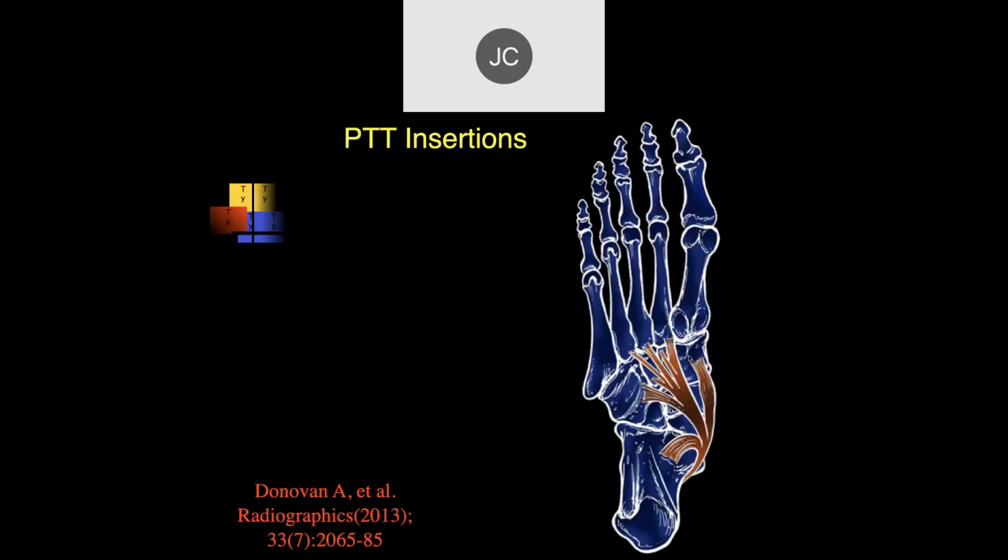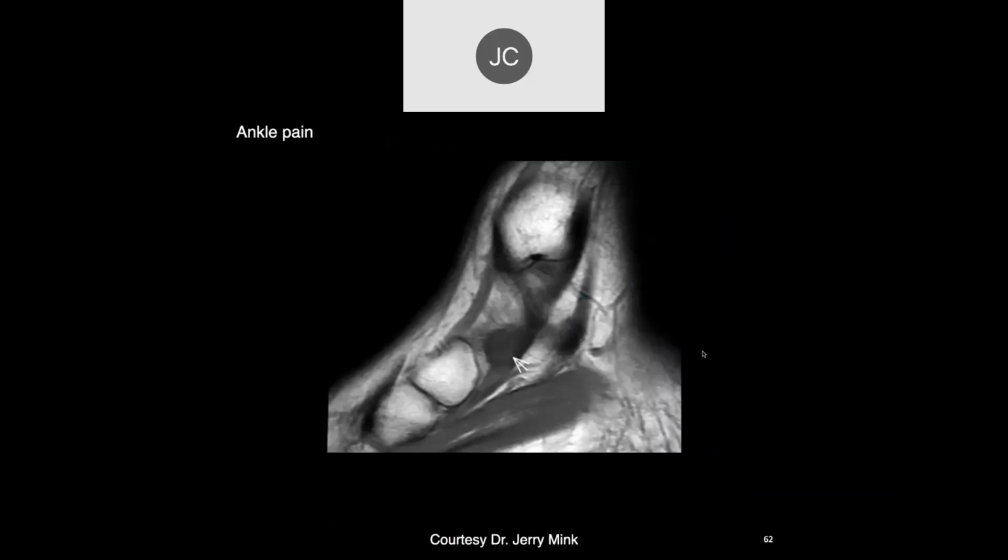As I said before, there are multiple attachments of the distal posterior tibialis: the navicular, but also the medial cuneiform and the base of the metatarsals. As well, this is very variable, but you can also have strands that go all the way over to the cuboid, and also back here to the calcaneus, to help stabilize the distal insertion of the posterior tibialis.